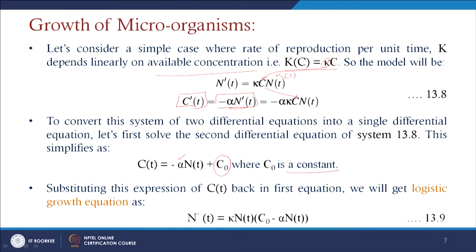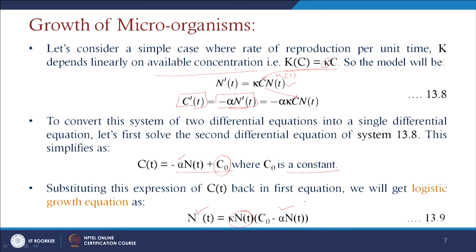And if you substitute this expression for C of t back in the first equation, we can write this equation as n dash t equals k C n of t. So, C is just replaced by C0 minus alpha n of t.